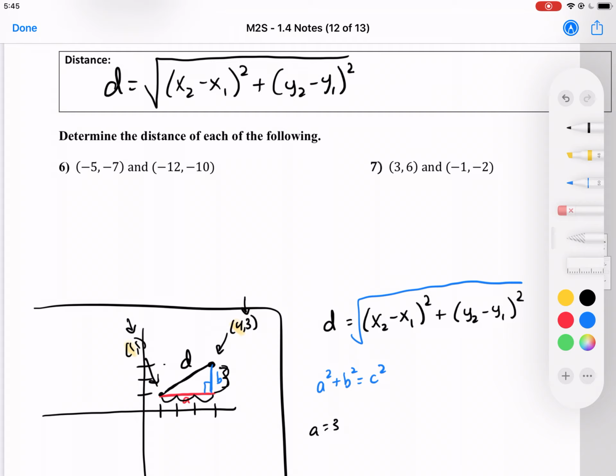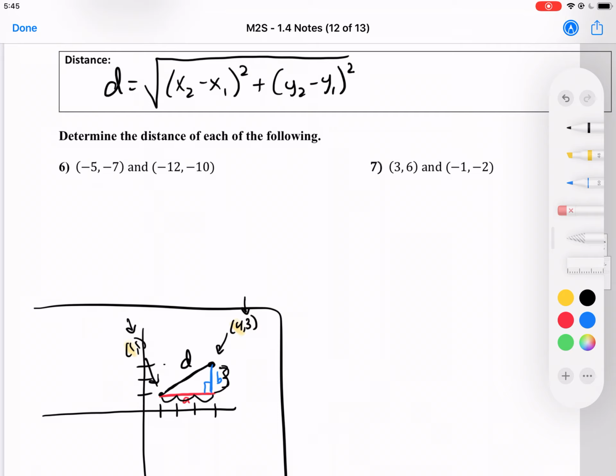So we're going to go ahead and do that. You will want a calculator for this. Let's start with number 6. I'm going to start with the x's. So I'll say my distance is equal to, let's say this is x1 and x2, the square root of negative 12 minus negative 5, and we'll square that. Notice I did a double parenthesis because I had to close off the parenthesis in here first, and then also the larger parenthesis for it.